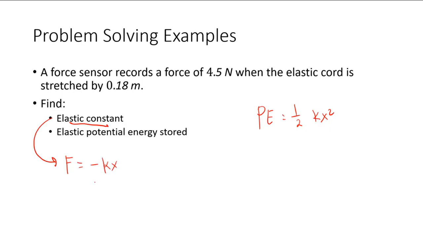Okay? And we are given a force and your displacement, which is 0.18 meters. So you just have to cross multiply x there. And then this will give us a value of negative force over the displacement. Okay? We just have to plug in the values. Negative force, 4.5 newtons.